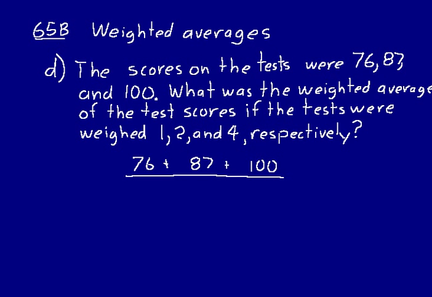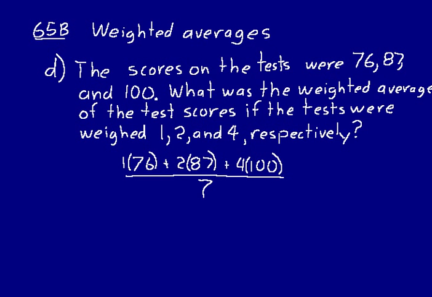The 87 was weighted twice, so it counts twice as much as the first test, and we multiply it by 2. The 100 counted 4 times, so it has a weight of 4. Therefore, our total number of tests is 1 plus 2 plus 4, which is 7. That's what we divide by.